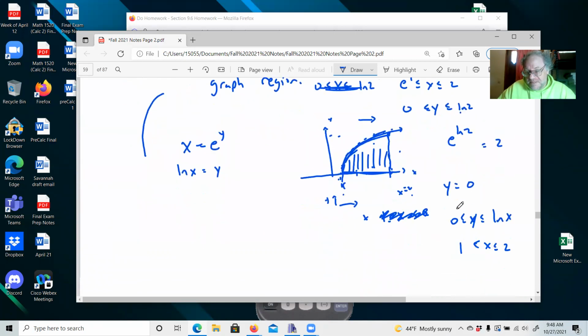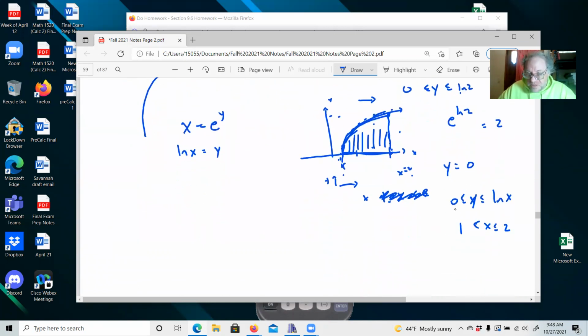The goal is to graph the region and look at how we express one variable in terms of the other. In the y direction, we go from 0 to ln x, but my x direction was just going from 1 to 2.